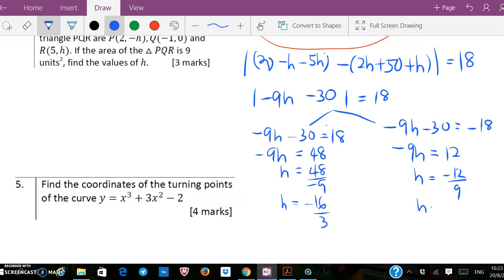To the lowest fraction it is negative 4 over 3. So these are the two values of h. That is, h is negative 16 over 3, or h is negative 4 over 3.